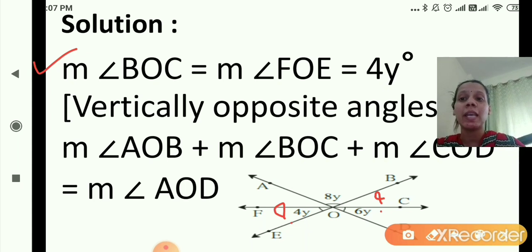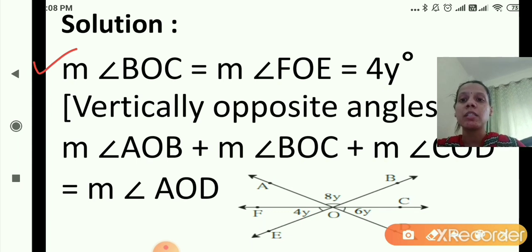Because they are vertically opposite angles, and in the previous session we have studied that vertically opposite angles have equal measures. So now the measure of angle BOC is equal to the measure of angle FOE, which is equal to 4y.